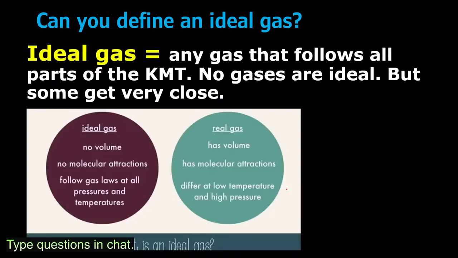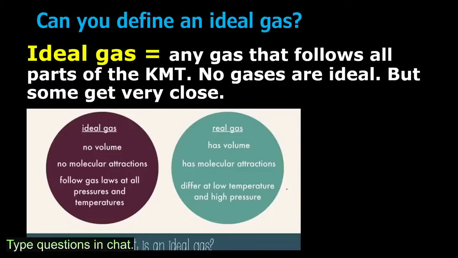So can you identify the 2 most ideal gases? If I want to talk about what gases would be most ideal, I would need a gas that has low pressure and high temperature. But if I'm talking about individual gases, when are they most ideal? Well, they're tiny.